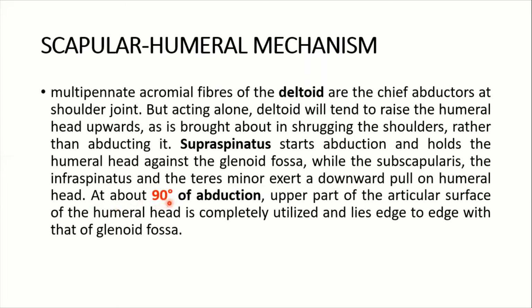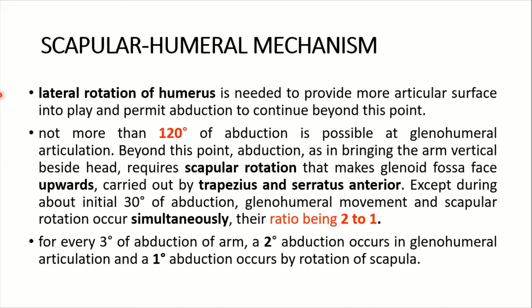At about 90 degrees of abduction, the upper part of the articular surface of the humeral head is completely utilized and lies edge to edge with that of the glenoid fossa. It's a very important sentence. Lateral rotation of the humerus is needed to bring more articular surface into play and permits abduction to continue beyond this point.